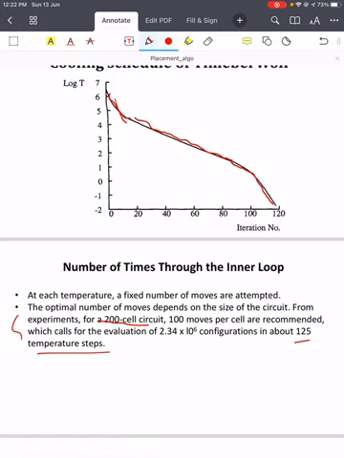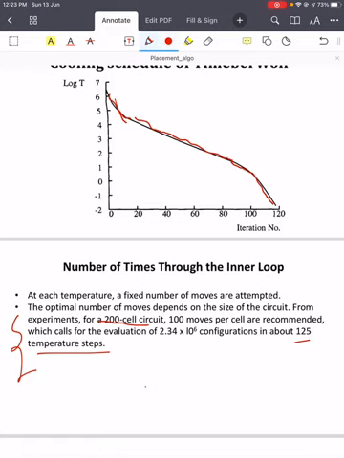So this is experimental data, and based on your design style, the number of times the inner loop has to be iterated, the number of trials you have to use for the inner loop iterations, depends on the size of the circuit, and that is a hyperparameter also.